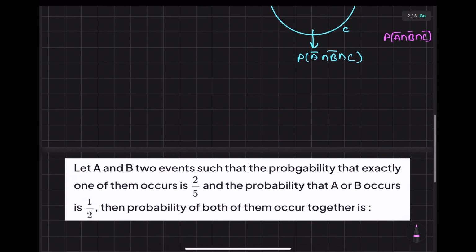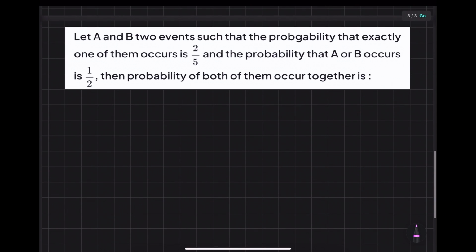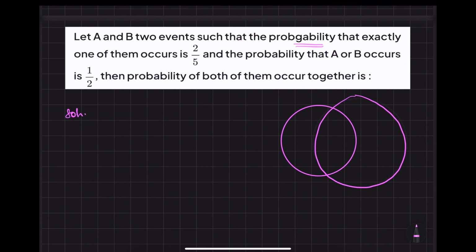Now let's try to solve some questions so that we can bring more clarity to the concept. The question is: let A and B be two events such that the probability that exactly one of them occurs is 2 by 5.